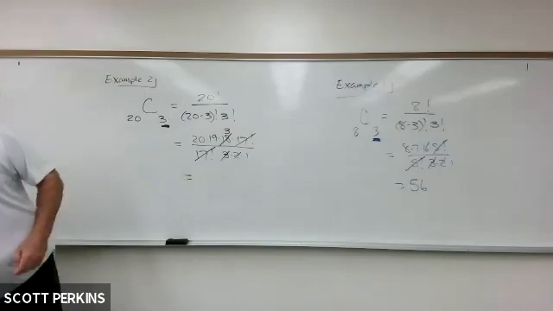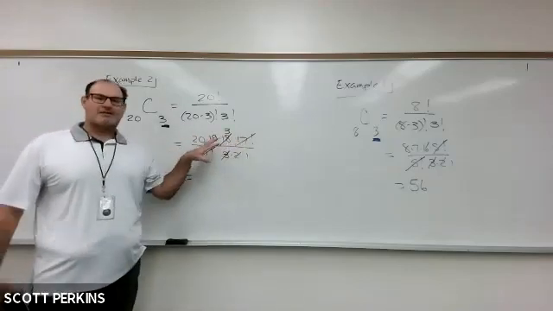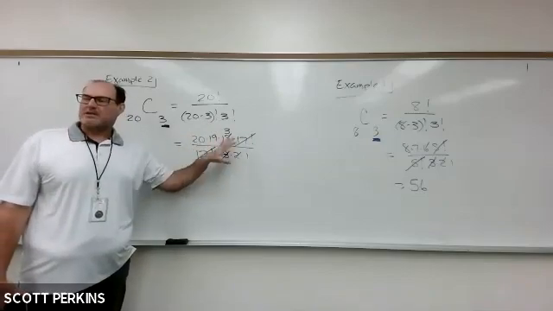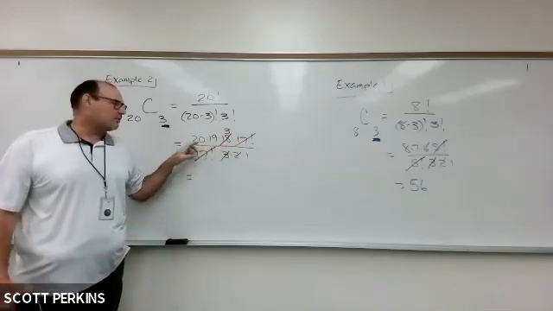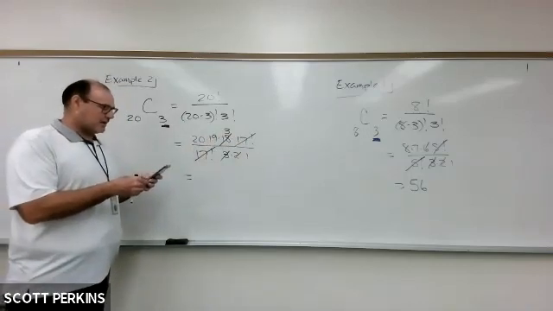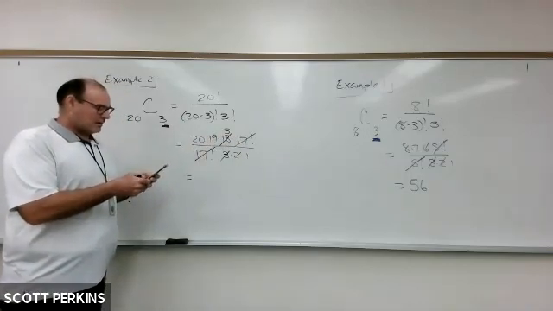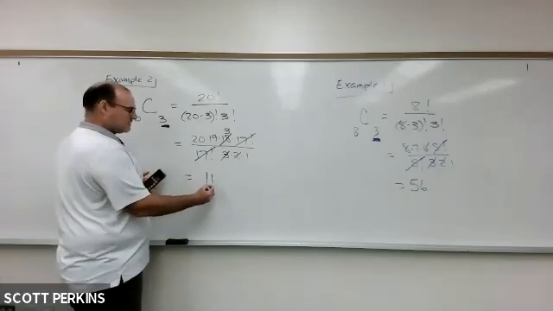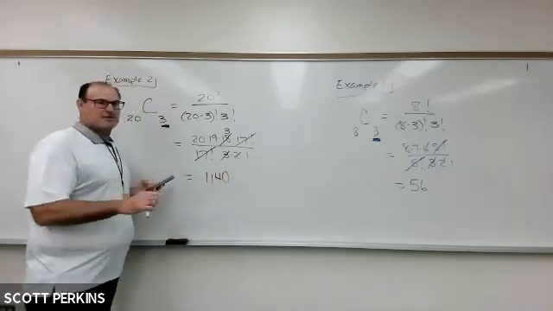This is not a required step. I'm just trying to show you that it's not the worst thing in the world if your calculator doesn't do it. The arithmetic usually works out to be pretty straightforward, especially with the numbers that we are using. So that is 20 times 19 times 3, and that is 1,140 different ways.